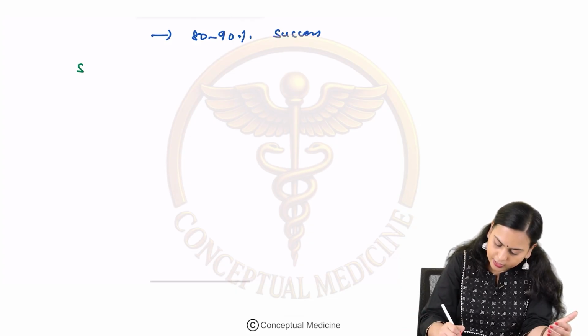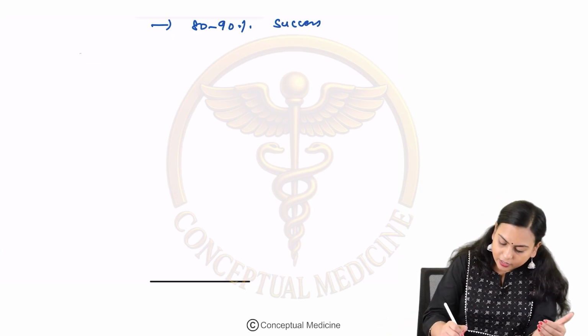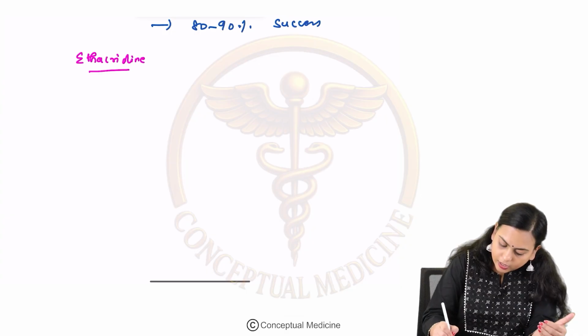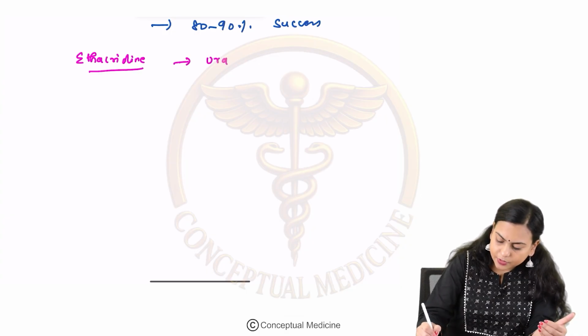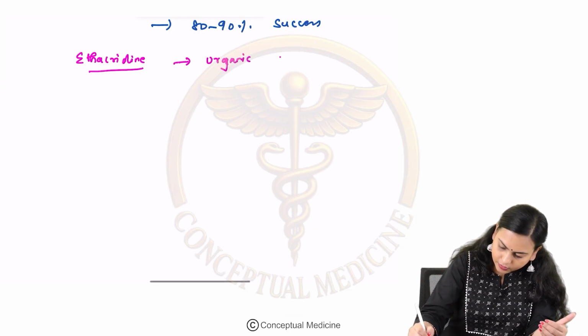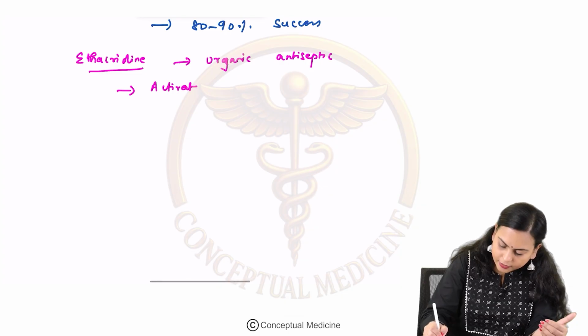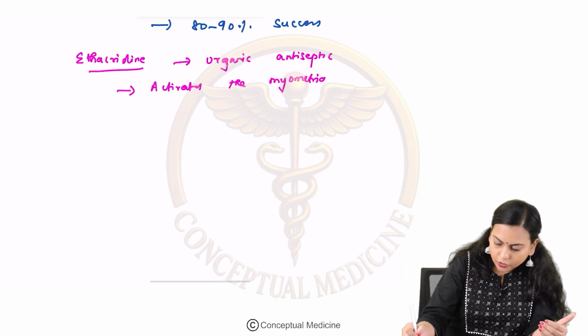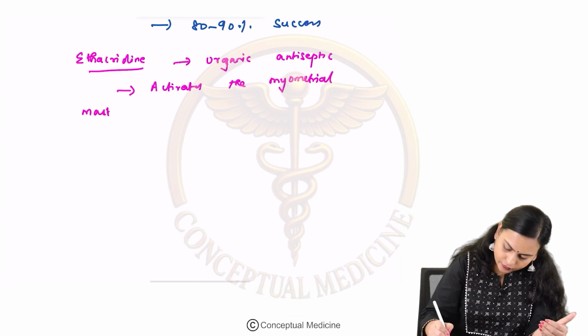Now if we take ethacridine, it is an organic antiseptic. That activates the myometrial mast cells to bring about the contraction.